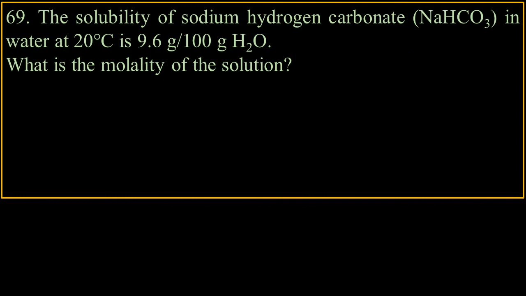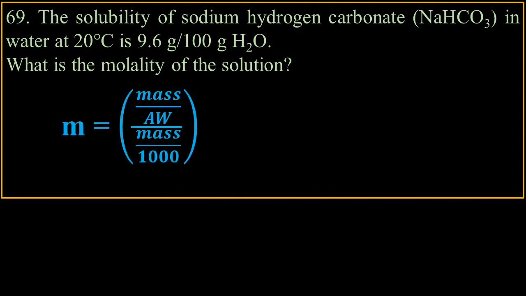The solubility of sodium hydrogen carbonate, sodium bicarbonate, in water at 20 degrees Celsius is 9.6 grams per 100 grams of water. What is the molality of the solution? So it would be 9.6 divided by the atomic weight of sodium bicarbonate divided by 100 over 1,000, which would be 0.1.